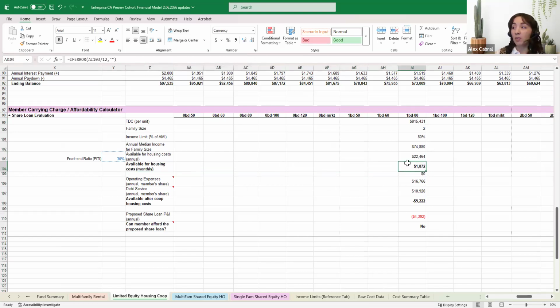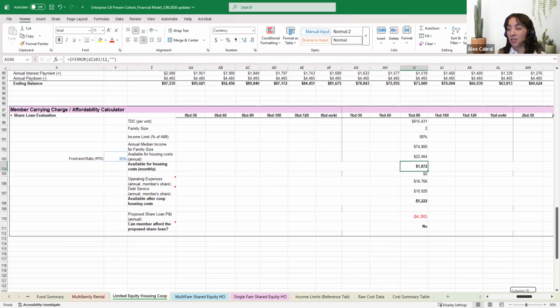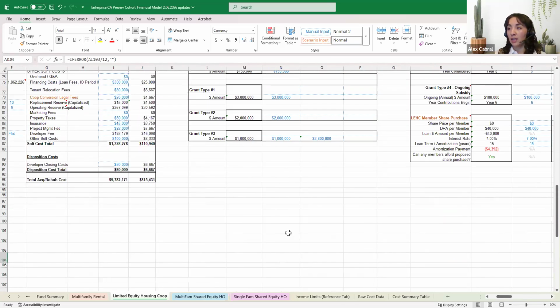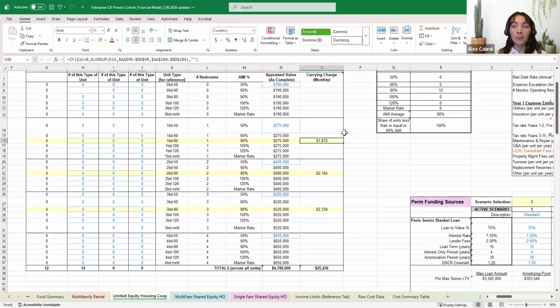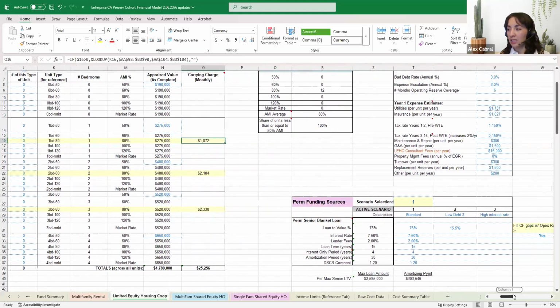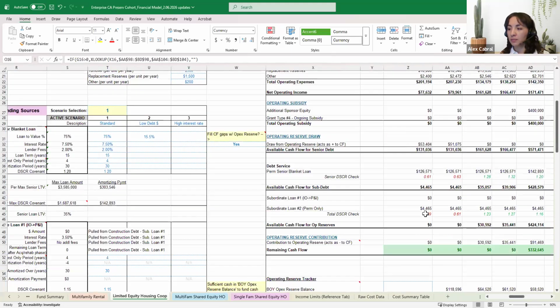So basically what would be available for rent based on a 30% front end ratio, right? 30% of their income. And this monthly carrying charge is what is used to calculate, I'm going over to the unit mix, what the gross income will be for this property per month. So that is the difference here.